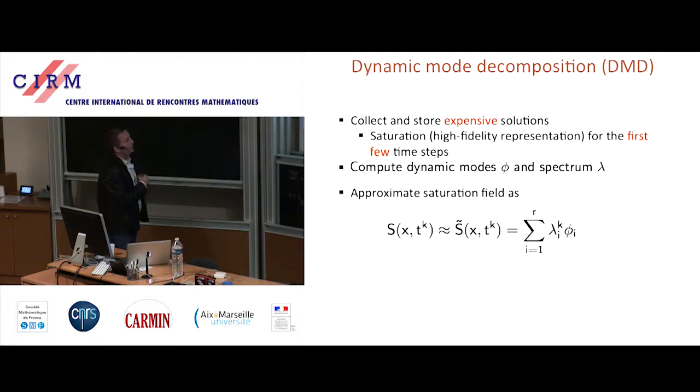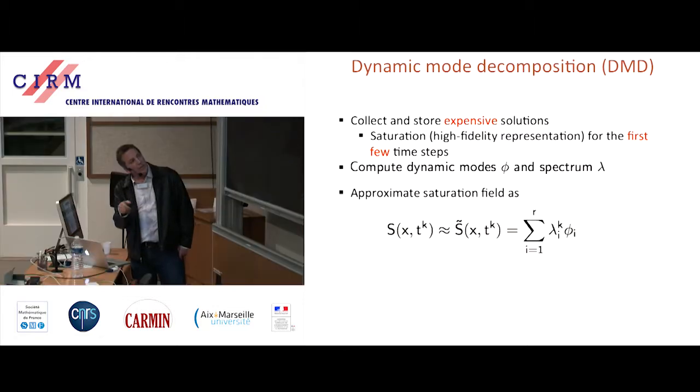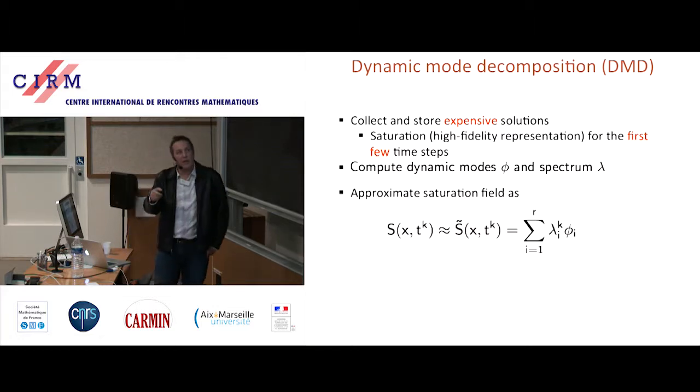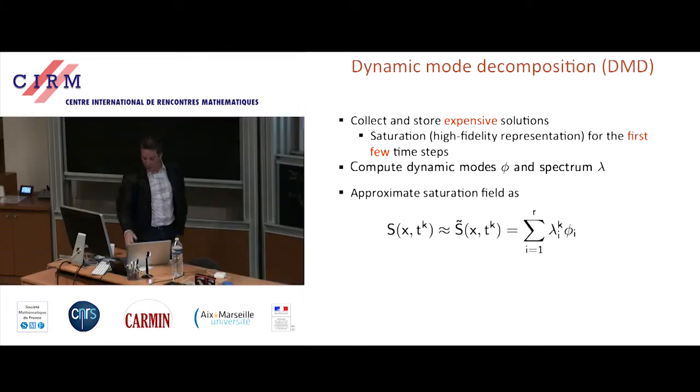So the next idea is dynamic model decomposition, where again we compute solutions to a system, and then try to project onto a subspace of this system. But the main difference in the idea is that you take powers of the eigenvalues, which means you end up treating these snapshots as being a Krylov space.